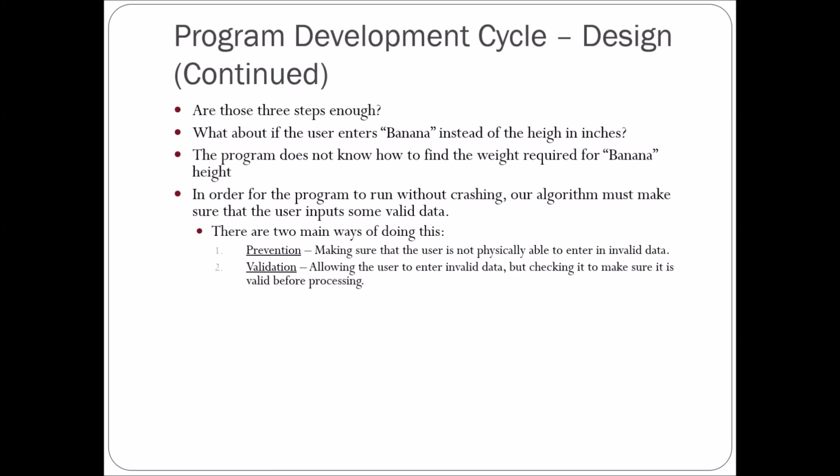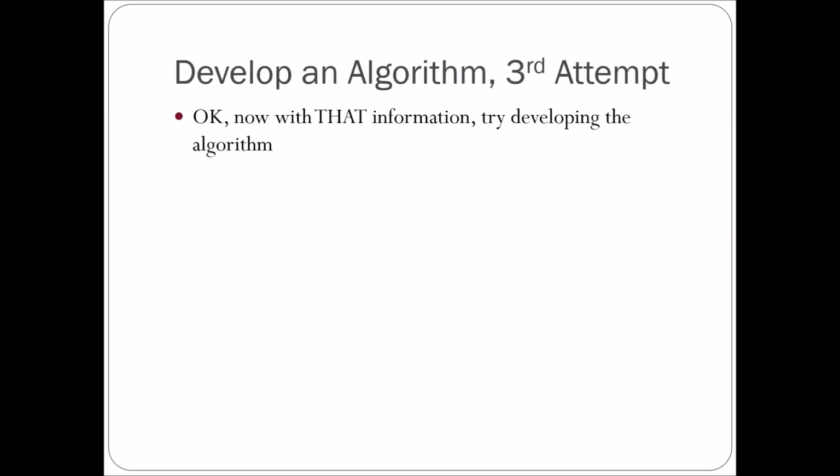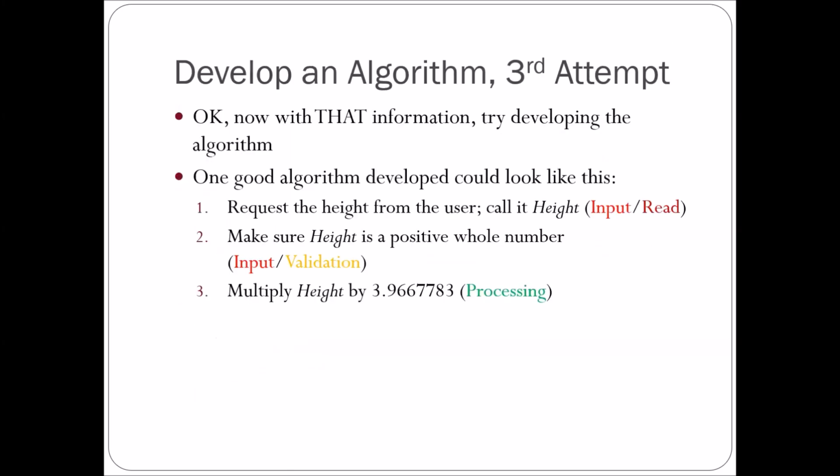So we need to validate numbers. Let's read in the input. Let's type in a number. Let's make sure the number is actually a number so that we can do the calculation and output it. I also want to make sure the height is a positive number.